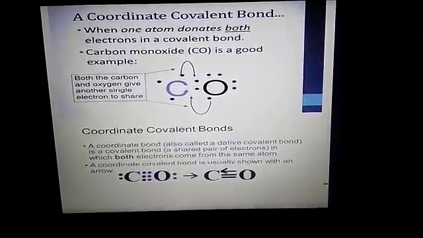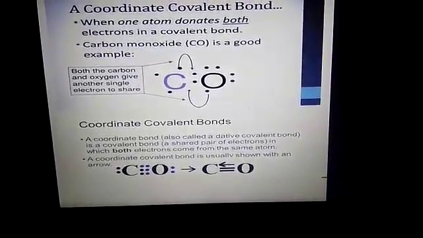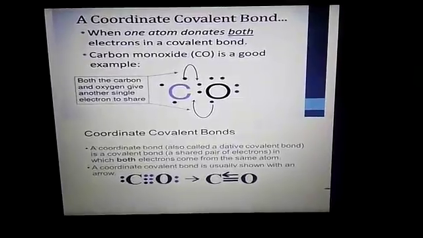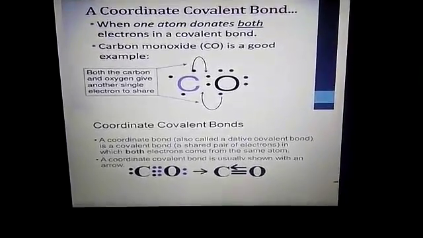Carbon monoxide is a good example for a coordinate covalent bond.